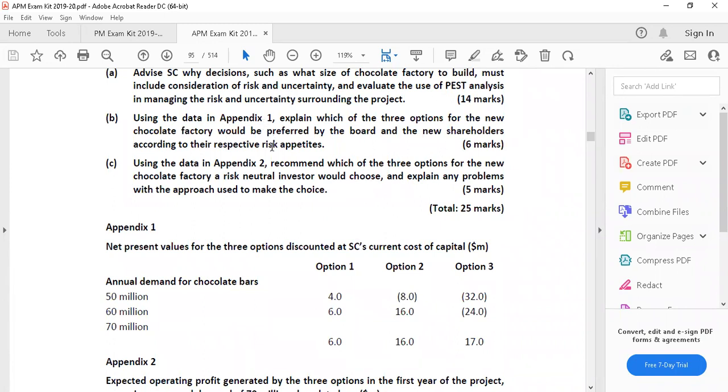Based on this, what's the risk appetite of the investors, and then there's something again to do with what are the three new options a risk neutral investor would choose. Then the question still continues.